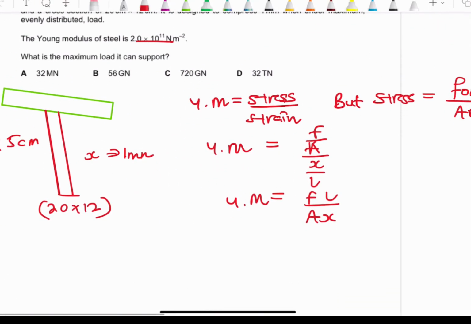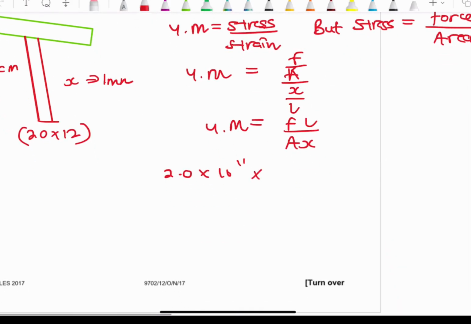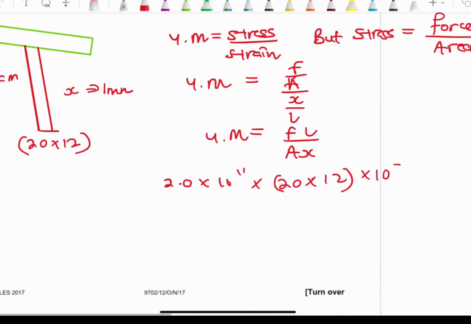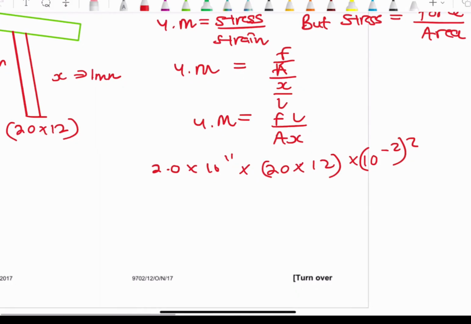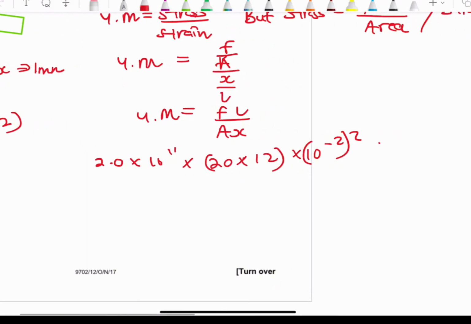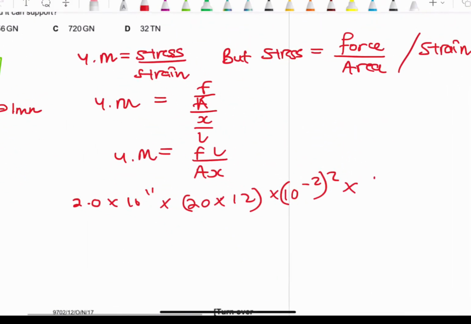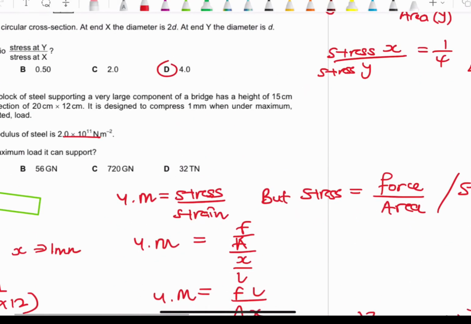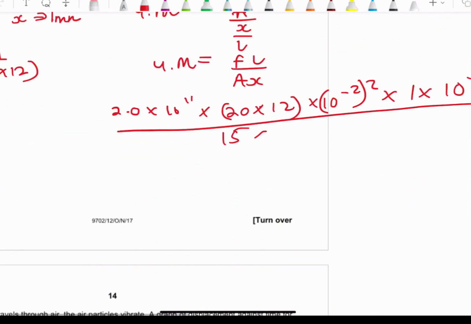So that's my Young modulus. My Young modulus is 2.0 times 10 to the power of 11, multiplied by my area, which is 20 times 12 times 10 to the power of negative 2 squared, multiplied by my extension, which is 1 millimeter, 1 times 10 to the power of negative 3. I divide all of that by 15 centimeters, so 15 times 10 to the power of negative 2.